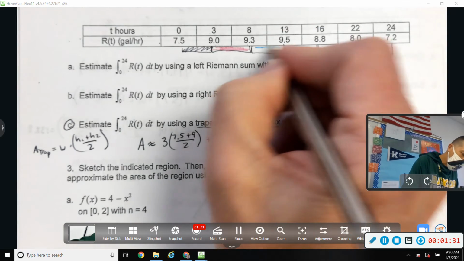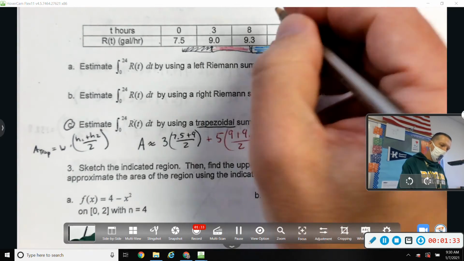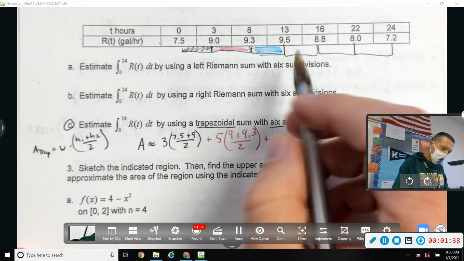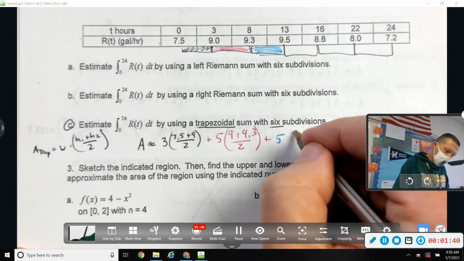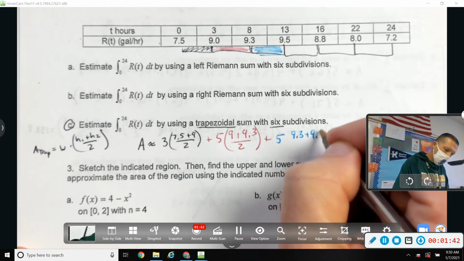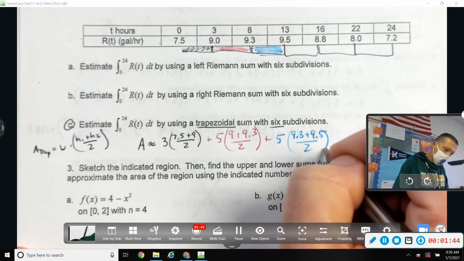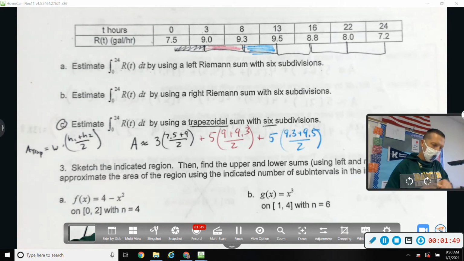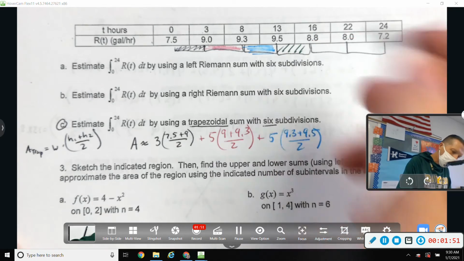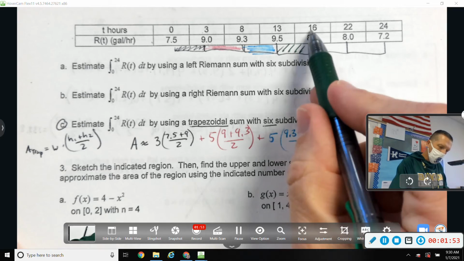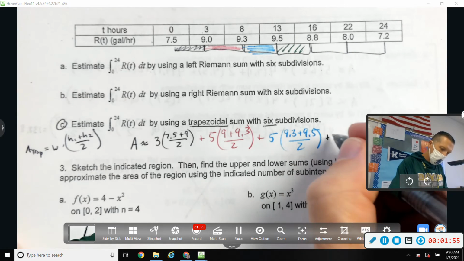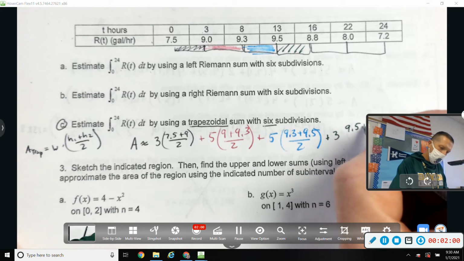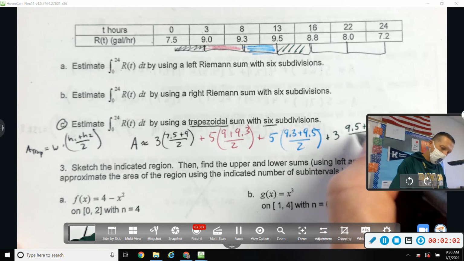And then my third trapezoid has a width of 5 from 8 to 13, and average height would be 9.3 plus 9.5 over 2. And then my fourth trapezoid has a width of 3, average height 9.5 plus 8.8 over 2.